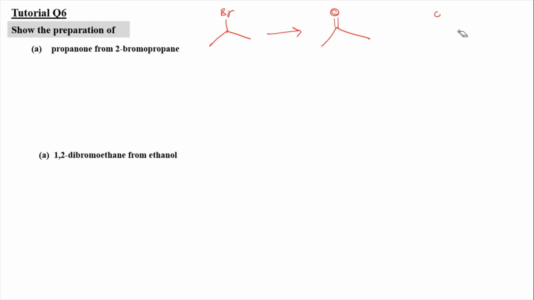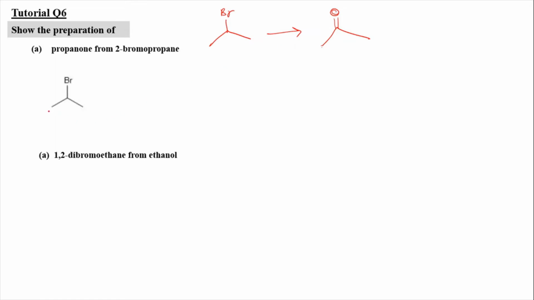Alright, so now we're going to produce propanone from the 2-bromopropane. So what we're going to do is that it is not necessarily one step. So it can consist of 2 steps in order to get to our product here. So let us draw the structure again, which is 2-bromopropane.